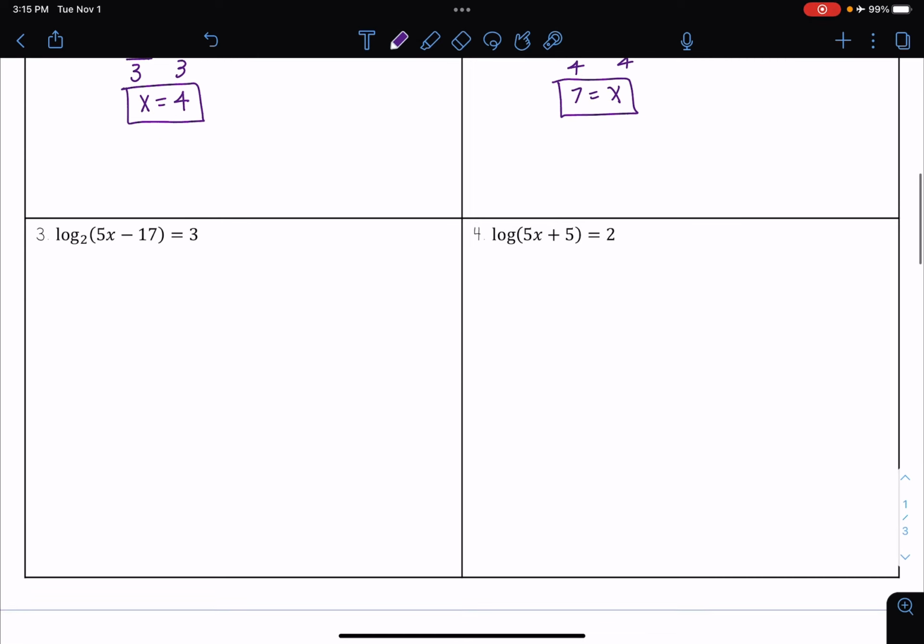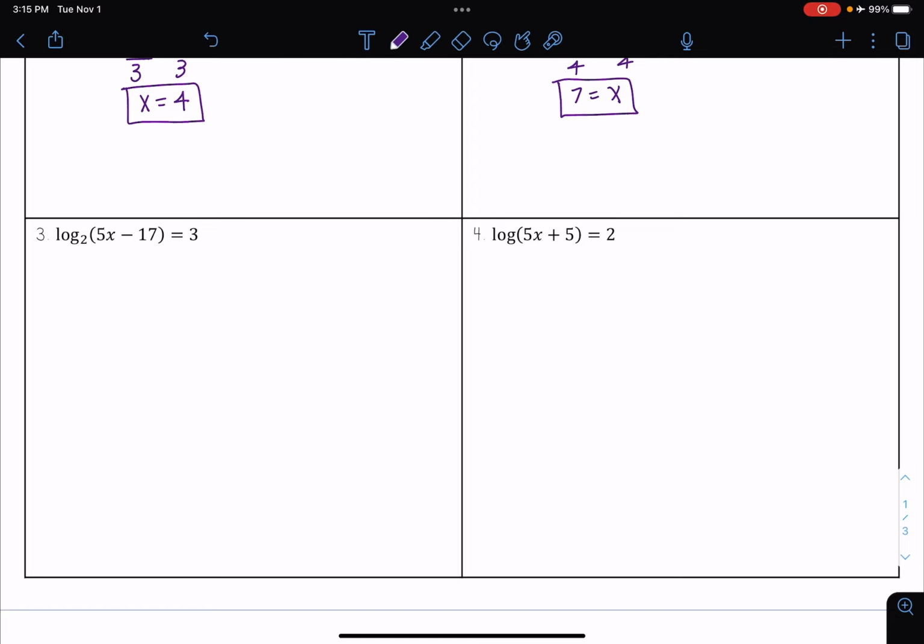Now these next two look a little bit different. I don't have the same log on both sides, so this time I'm going to have to do slightly different steps. I want to show you two different ways you can think about this. The first way uses that same property, which tells me that I can exponentiate both sides.